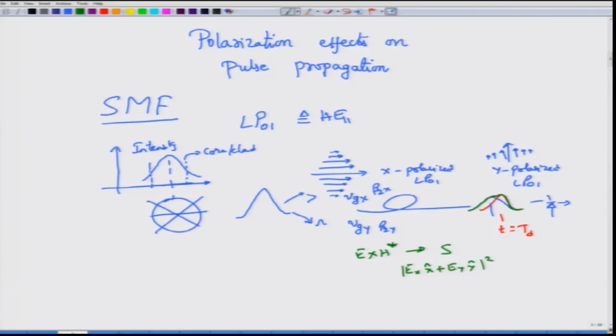This kind of dispersion distorts the pulse simply because even though you considered single mode fiber, the fact is that single mode fiber supports two fundamental modes, and if the fiber exhibits any property which allows you to have different values of Vgx and Vgy, and this phenomenon wherein the x and y polarized modes travel with different velocities is called birefringence. And all optical fibers have some amount of birefringence.